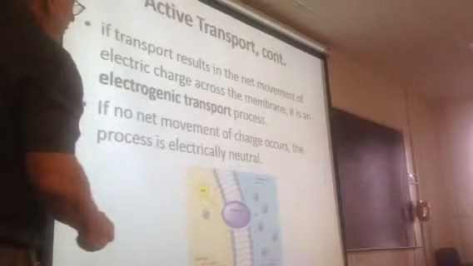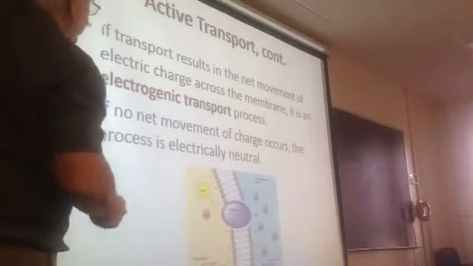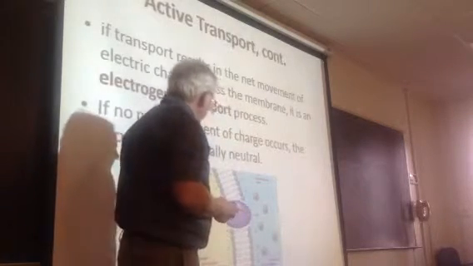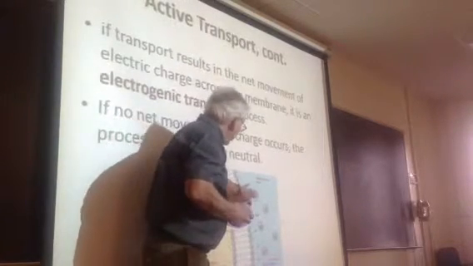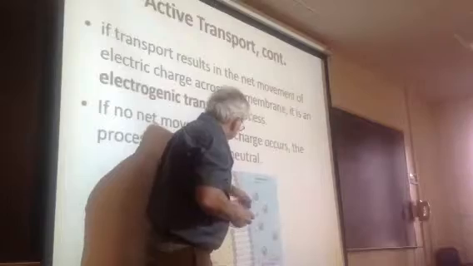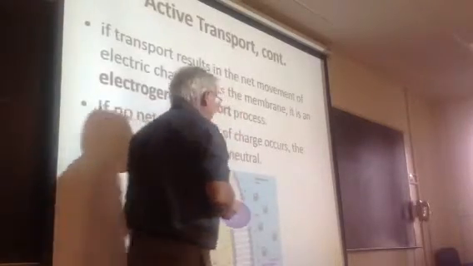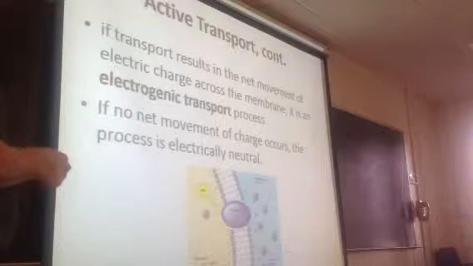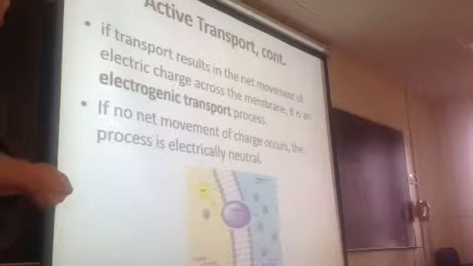Sometimes these processes lead to charge differences. If you drag protons across the cell, you're moving positive charge outside, and you have a charge difference across the membrane. Those are called electrogenic transporters.